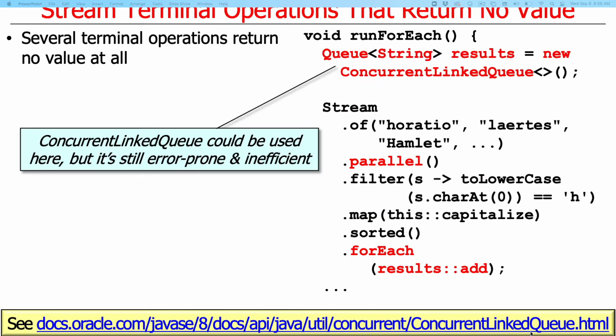Of course, we could solve that problem by replacing the list with a concurrent linked queue, and that would work, but now, boy, is that convoluted, and it's not all that efficient. So we've added synchronization in places that didn't really need it. While this code will be correct, it doesn't really get the job done because it's non-intuitive, it's error-prone, and it's inefficient.